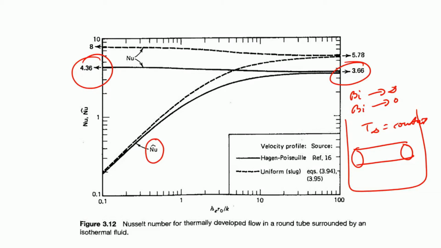As you can see here, it very clearly goes from 4.36 to 3.66, and you should look only at the Poiseuille flow profile, not the slug. What the slug is will come a little later, but as of now you can see that these are the two limits for a wide variety of Biot numbers. This is the Biot number that we have.